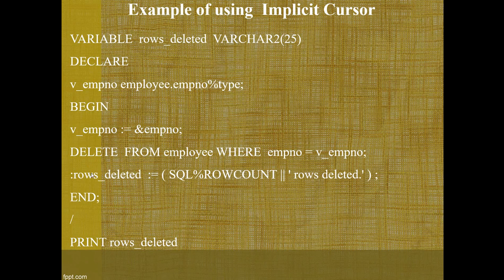Based on that, I am going to count how many rows have been deleted by using the SQL%ROWCOUNT attribute. I am using the rows_deleted variable which I declared at the start. It's a bind variable, so while assigning, we have to give a colon before the variable name, :rows_deleted := SQL%ROWCOUNT, which counts the number of rows affected.